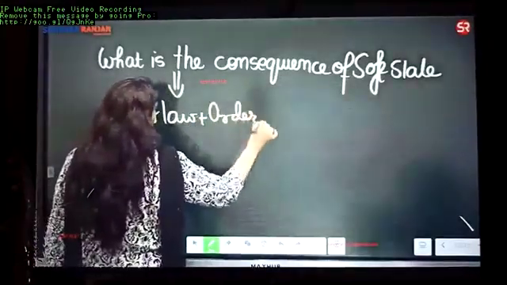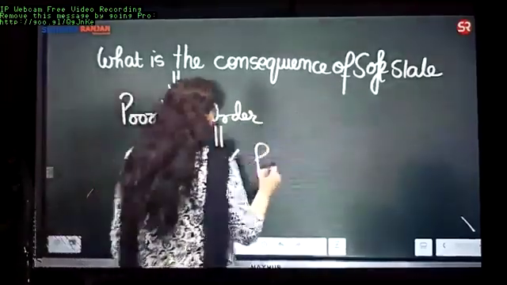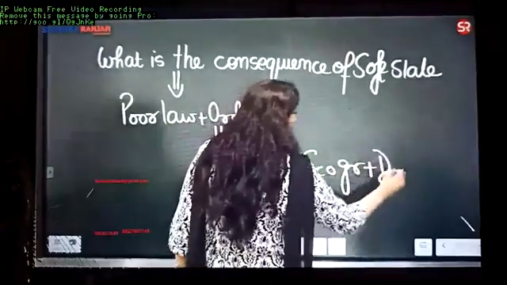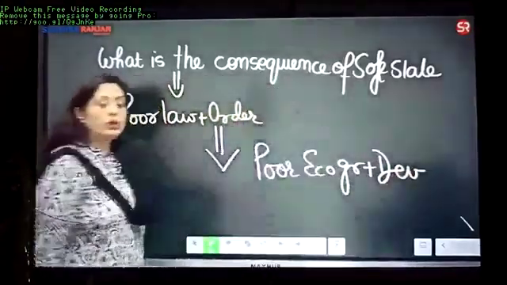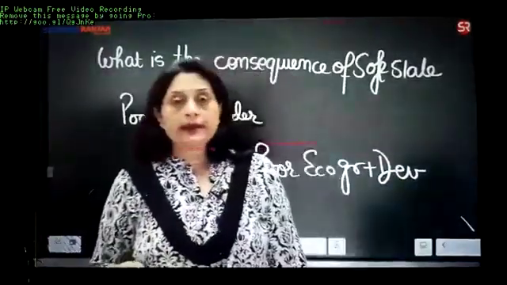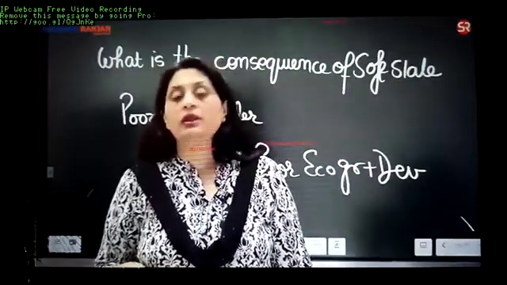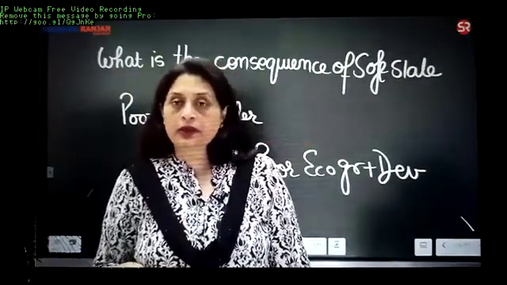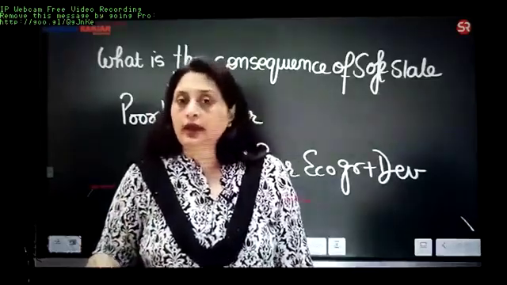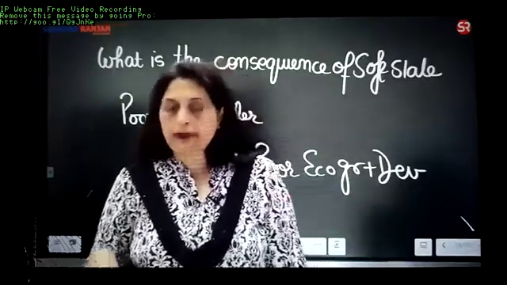And if law and order is poor, obviously poor economic growth and development. Because people from foreign countries, they will fear investing their money. They will fear that the dispute settlement mechanism in India will have its own set of problems. So this always impacts the prospects of India's poverty alleviation programs. Okay.